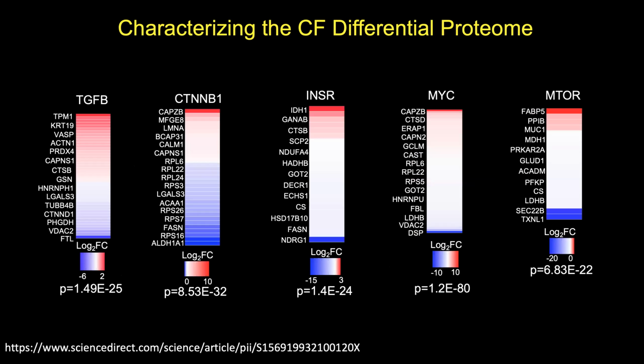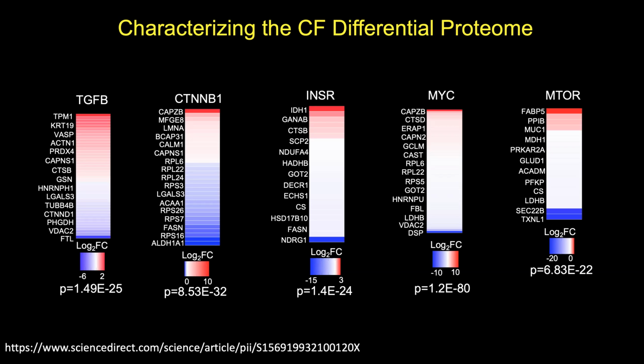What we also did was look at top upstream regulators or regulatory pathways that could potentially cause this differential proteome we see in CF, and saw that TGF beta and Wnt signaling, shown here TGF beta and CTNNB1, which is beta catenin or Wnt effector, were a part of the upstream regulators.